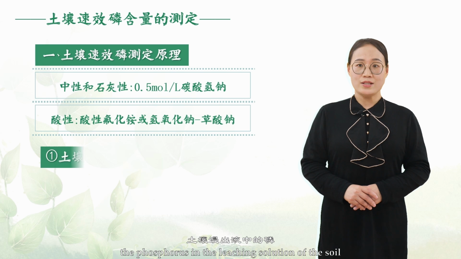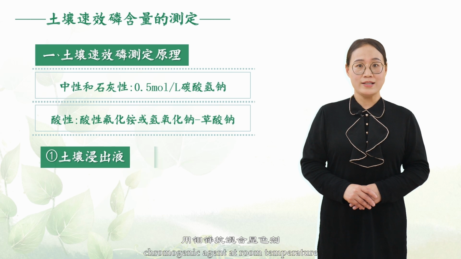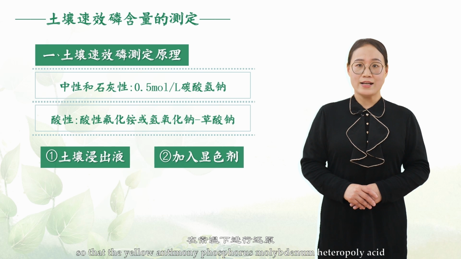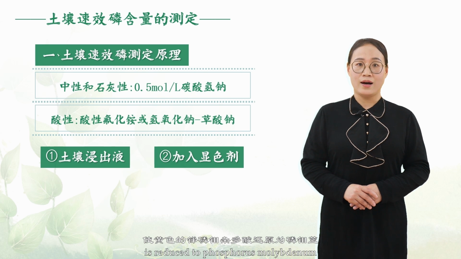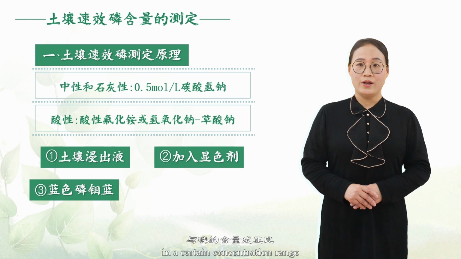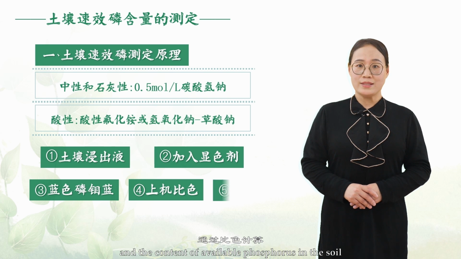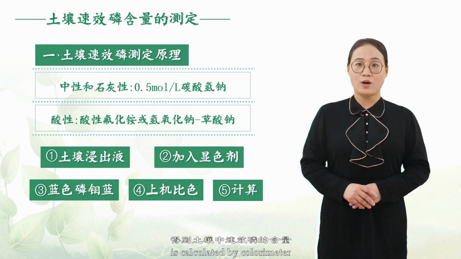The phosphorus in the leaching solution of the soil is reduced by molybdenum antimony anti-mixed temperature chromogenic agent at room temperature, so that the yellow antimony phosphorus molybdenum heteropoly acid is reduced to phosphorus molybdenum blue. The depth of blue is proportional to the phosphorus content in a certain concentration range, and the content of available phosphorus in the soil is calculated by colorimeter.